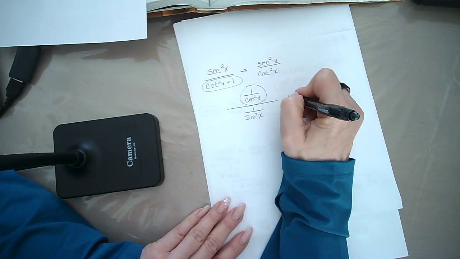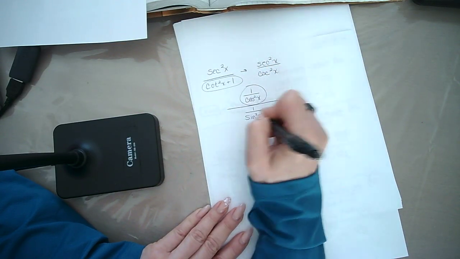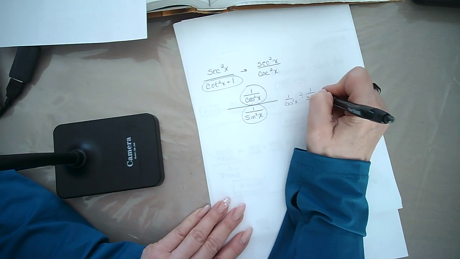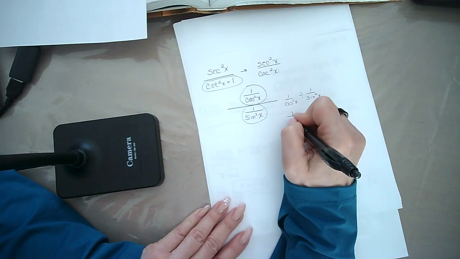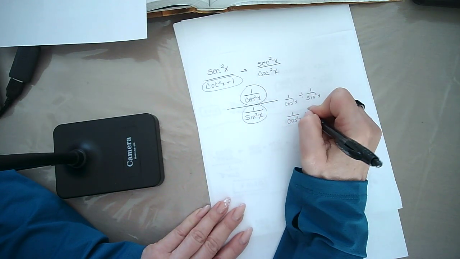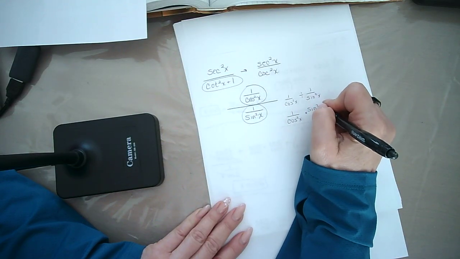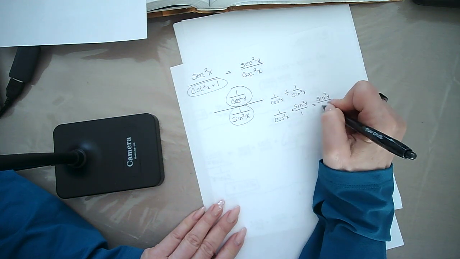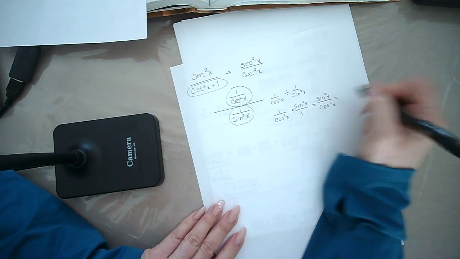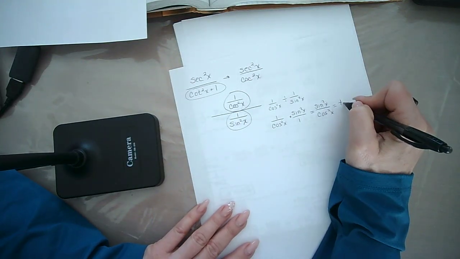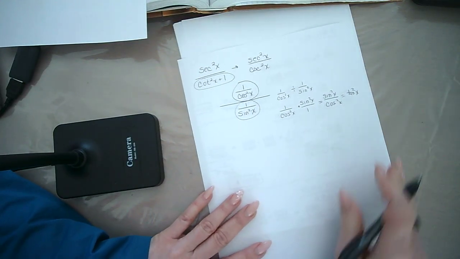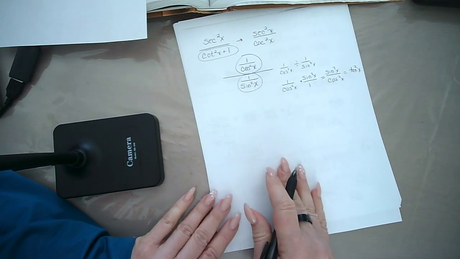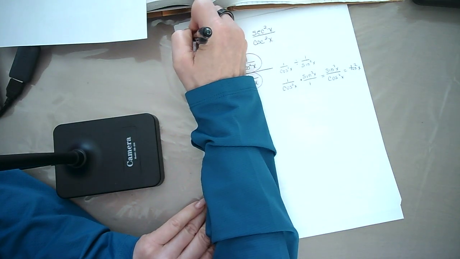This 1 over cosine squared x divided by this is really this times the reciprocal, which gives me sine squared x over cosine squared x, which really is, I'm running out of paper, tan squared x. Okay, so that's what that simplifies to. That was 29. You know what? I'll finish it up with number 31.